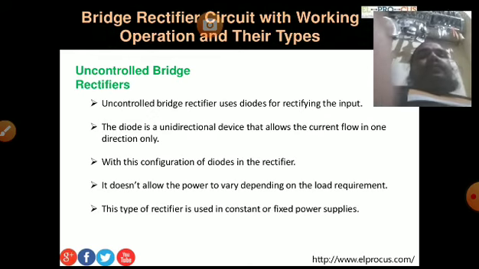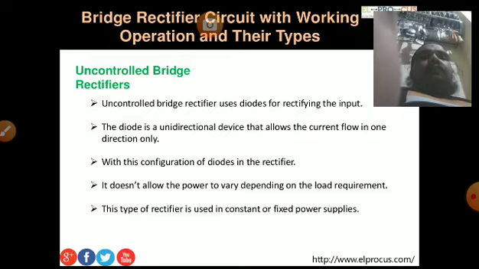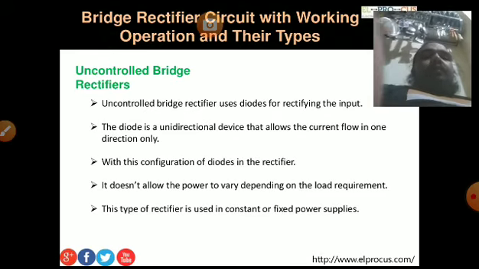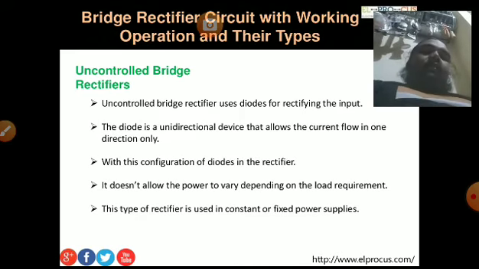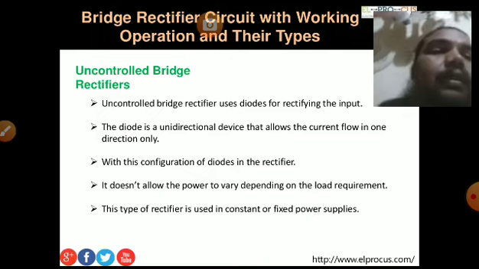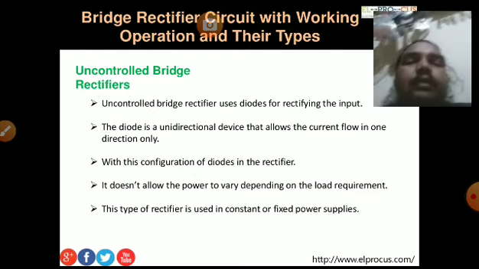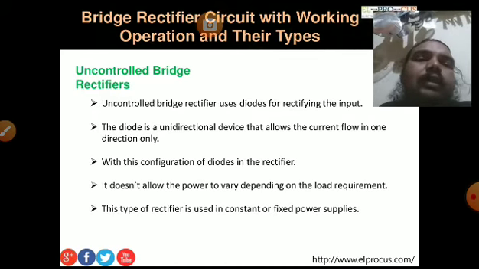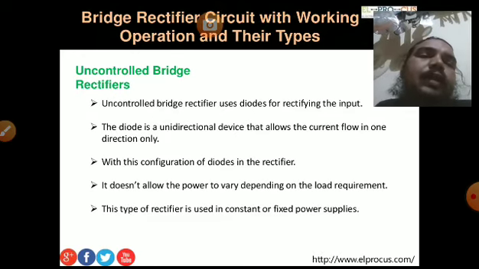If a negative current is given, only negative current passes through the diode, or if a positive current is given to the input, then positive current is allowed by the diode.